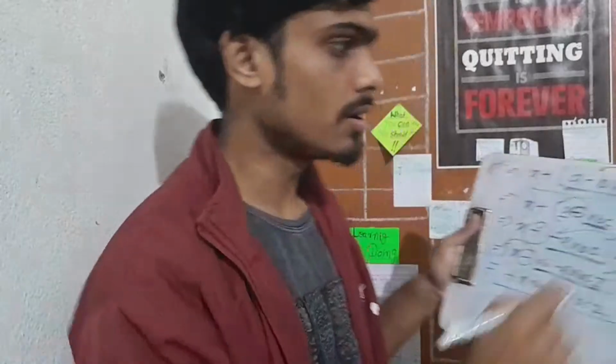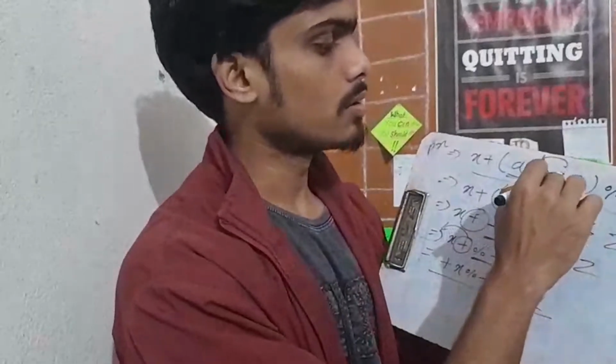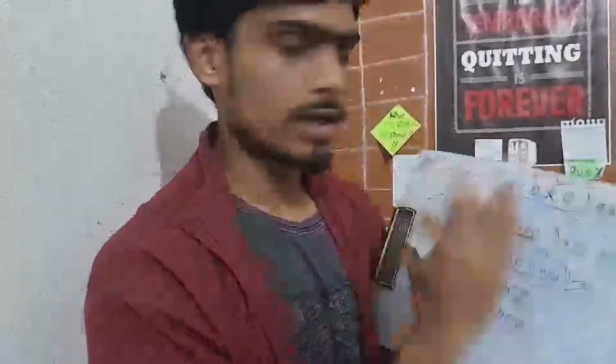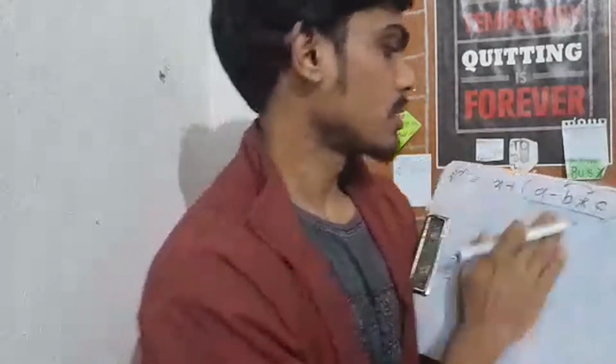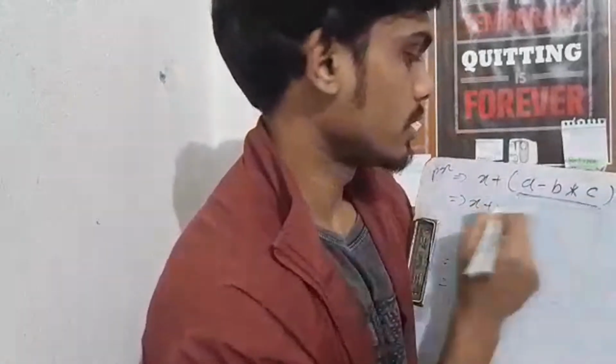So this is called prefix. Similarly, we just have to place the operator at the end of the expression to convert it into postfix. So firstly I will convert it into postfix. I will first come to this region.